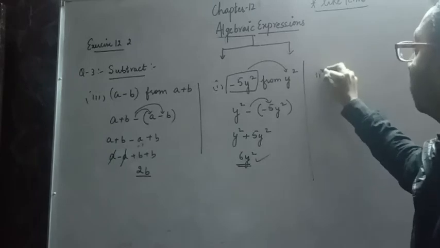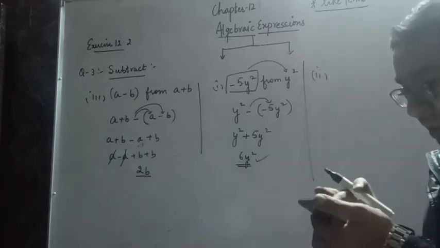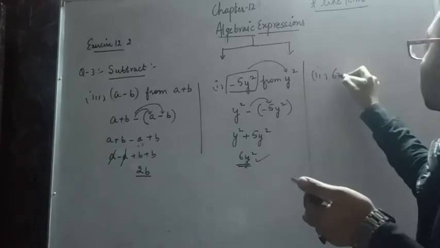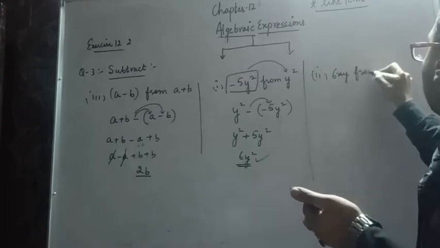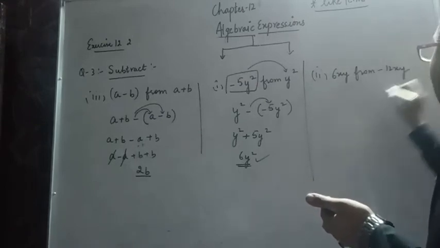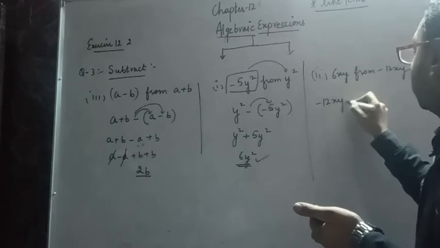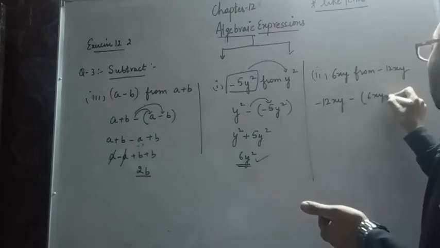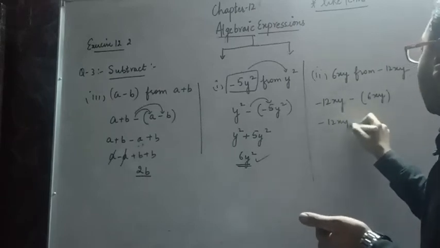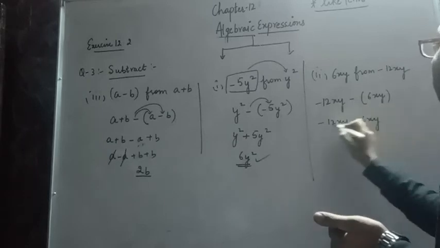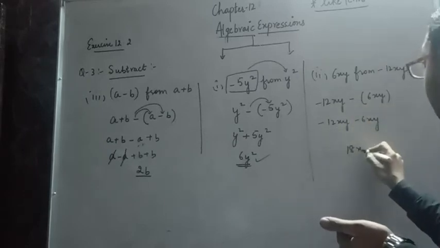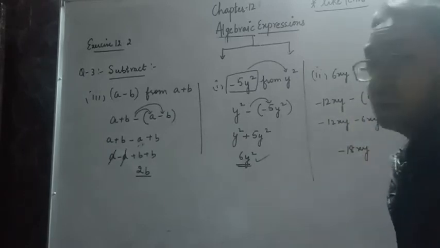Observe the second part immediately. 6xy from minus 12xy. Now observe, minus 12xy from the term minus 6xy. Open the bracket, minus 12xy minus 6xy. Minus minus plus 18xy. But since both signs are negative, so minus 18xy.